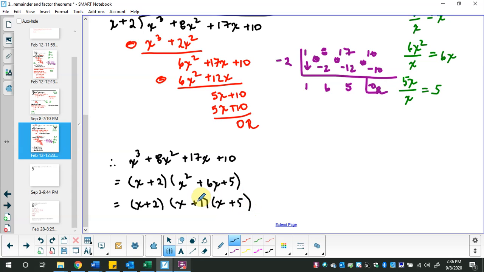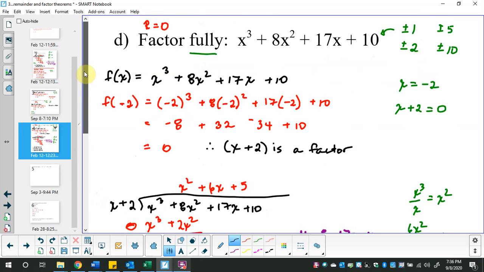What that means is that you have now factored fully. All of these are linear, meaning there's no exponents on any of them. It also means that regardless of your solution, you will end up with these three brackets. Not necessarily in the order we have them here, but you will end up with three brackets. So if I go back up to the original question, I found that -2 worked. That was my first go-to.